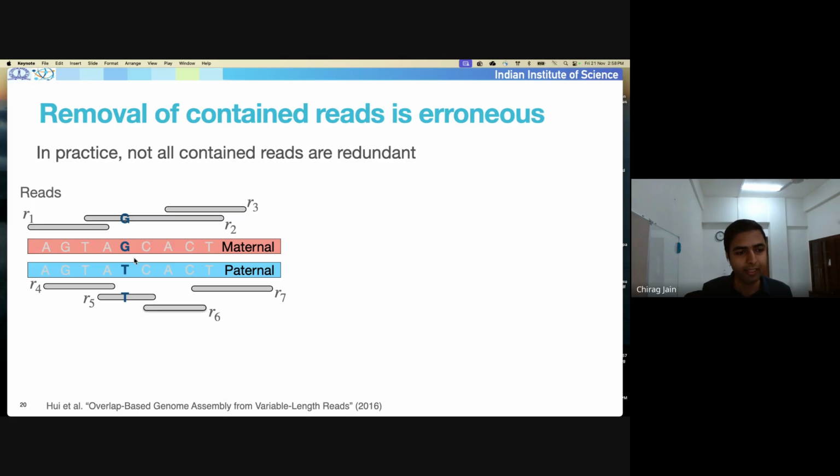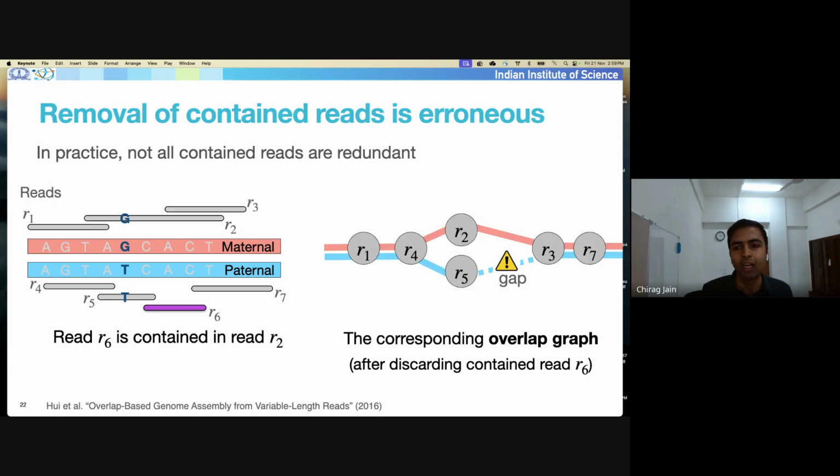Now, in this particular case, observe that the read R6, which is sampled from the paternal sequence, is fully contained in the longer read R2. So read R2 is the longer read, and read R6 would be a substring of read R2. But now if we remove this read R6 and construct the corresponding overlap graph, it turns out that there is no read bridging an overlap between read R5 and R7.